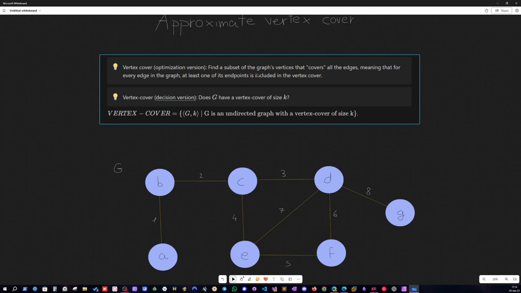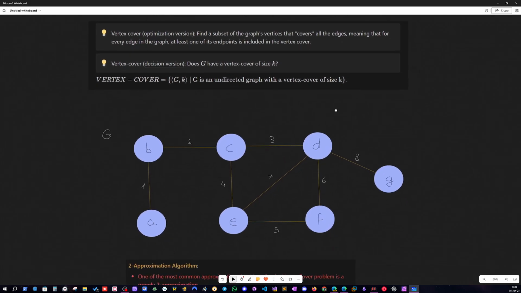So what does it mean, find a subset of the graph's vertices that covers all the edges? Well, it means that in a graph, eventually there will be some vertices or nodes that are extra. So, for example, if we remove vertex A, we still have B, and B allows us to touch this edge 1, but also this edge 2.